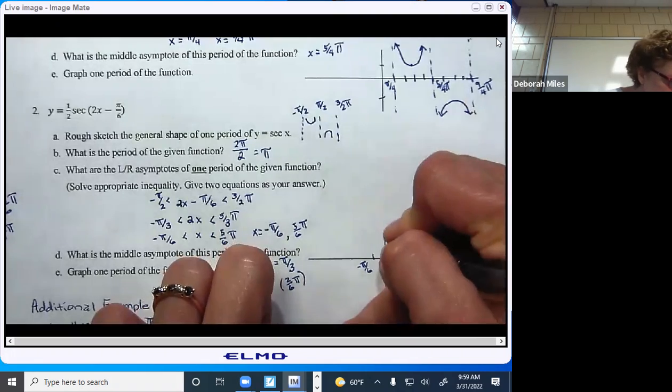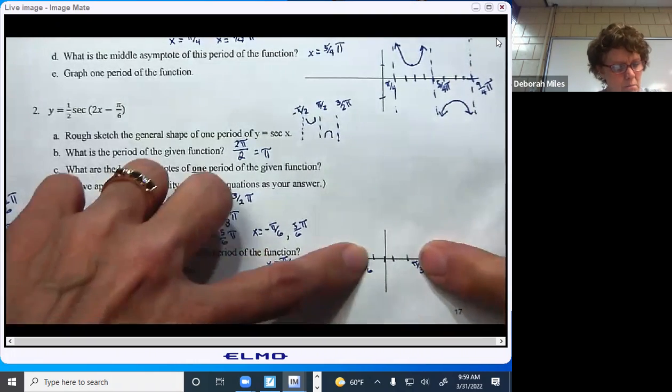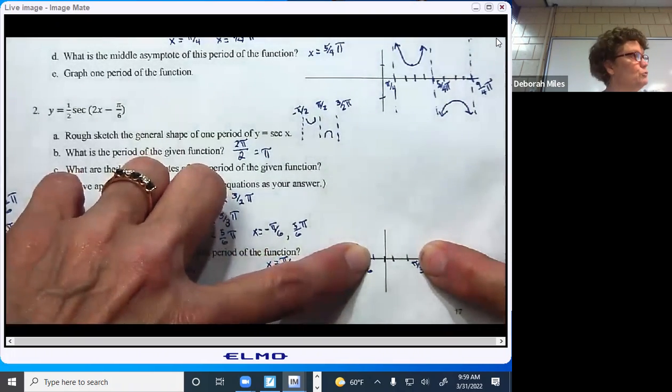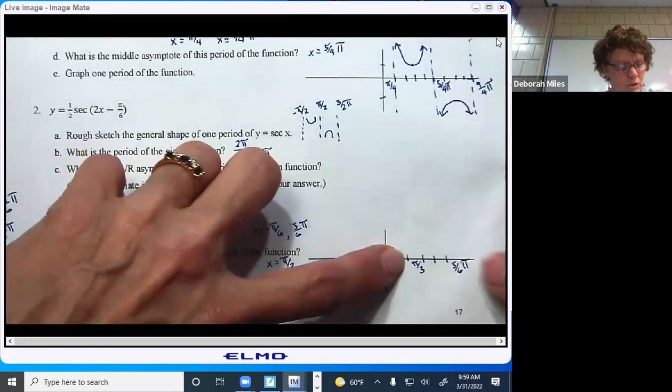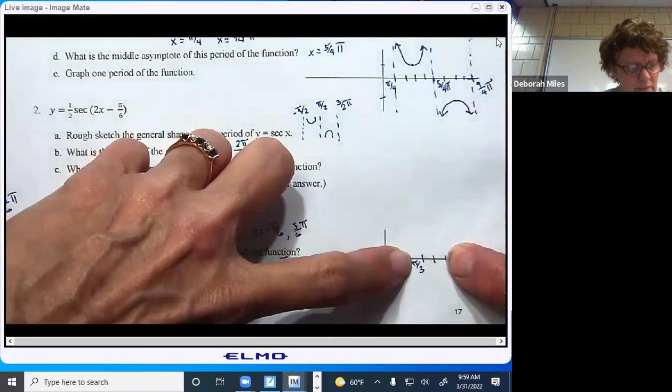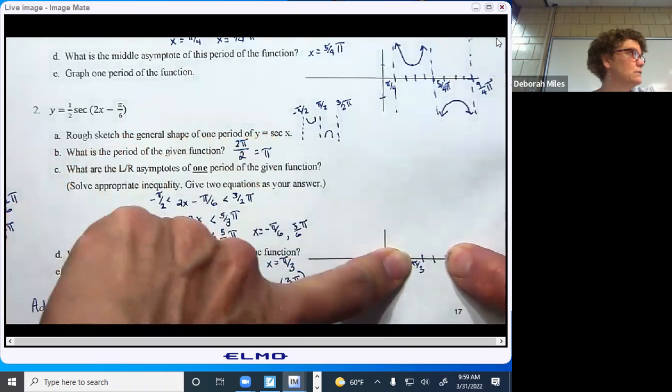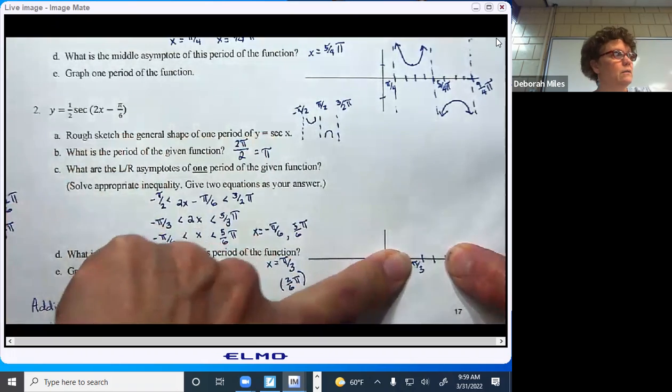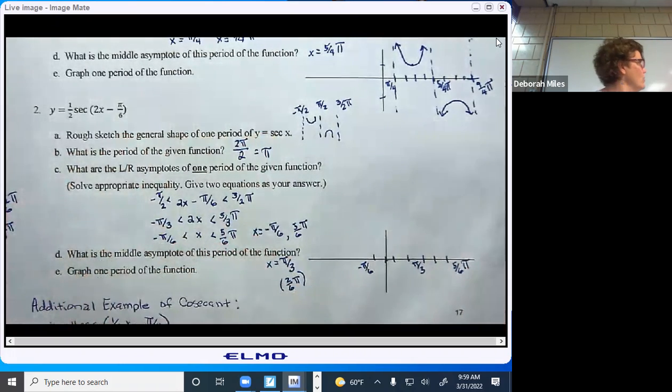Make sure you're counting 0 as a tick mark. And then between these two, there's 2 tick marks. Between these two, there's 2 tick marks. That also helps me as another built-in check, and y'all know how OCD I am about checking. So far so good?